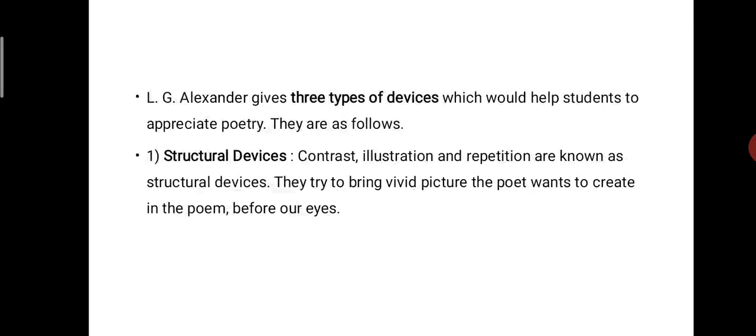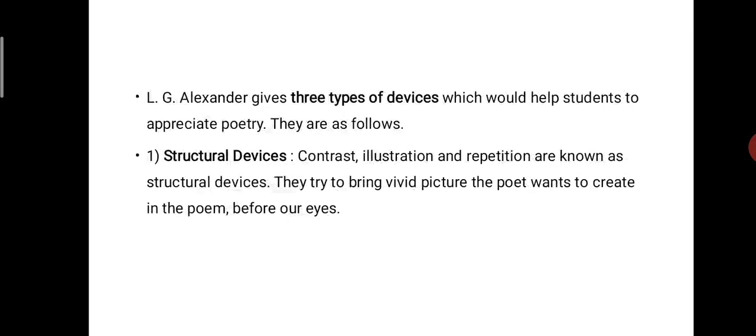By these illustrations, the poet points out that life goes on even though someone dies or suffers. It never waits for anyone. So, the illustration is the second structural device used by the poet.